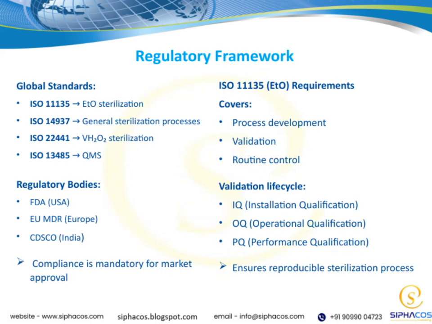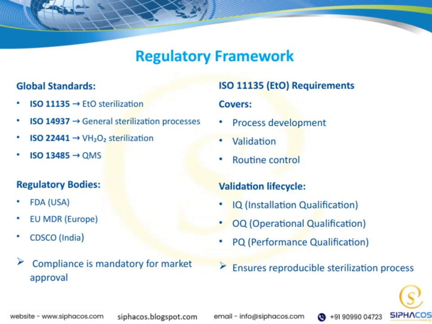Now, let's take a closer look at the ISO 11135 requirements for ethylene oxide sterilization. This standard covers several key areas, including process development, validation, and routine control. These steps are essential to ensure the sterilization process is both effective and consistent. When we talk about validation, it's broken down into 3 life cycle stages: IQ, OQ, and PQ.